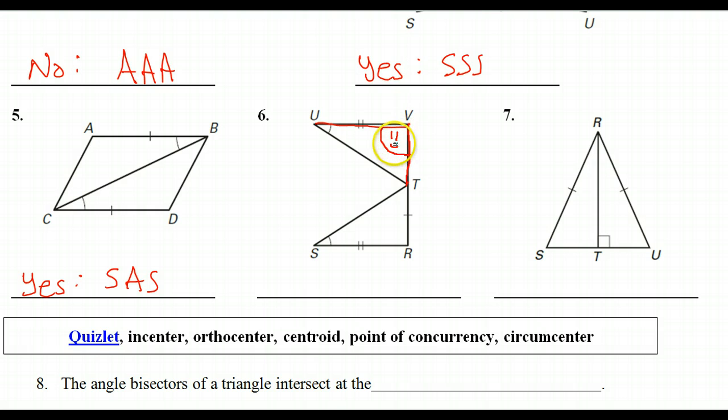That would be the included angle. But that's not the angle we're given. We're given this angle out here on the edge. So this is not the included angle. This would be your side-side-angle situation, 2 sides and the angle that's not between them. So that's a no. And I'm going to put an X through it to show that this is not a valid postulate.